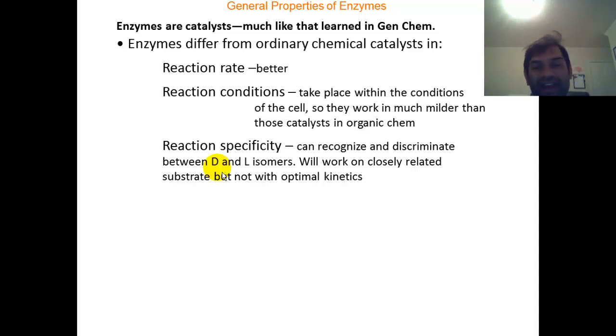We find ways to exploit a substrate to make it look like the real substrate and trick an enzyme, and that way kill an enzyme. So this whole thing deals with the properties of inhibitors, which we'll talk about later in this module.